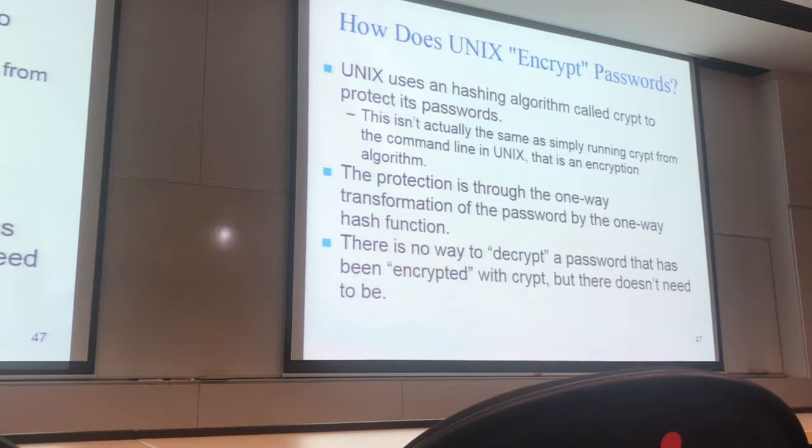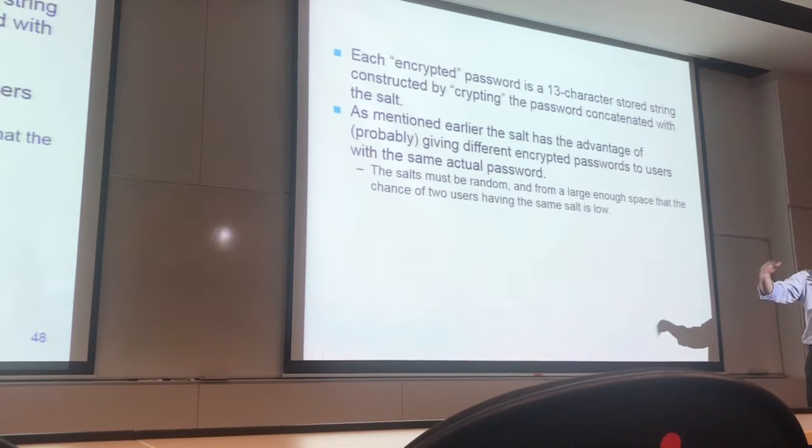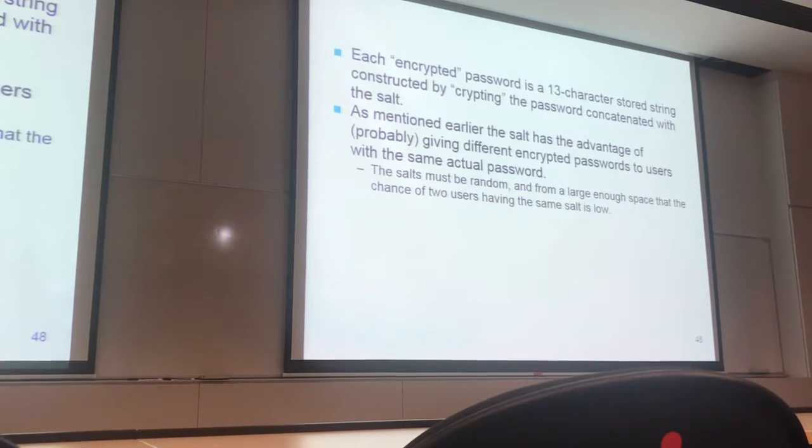If you use the old version of Unix, it will produce a hash output which contains 13 characters. The 13 characters also include the salt. The salt is at the beginning of the 13 characters, and then you have the hash value. No matter how long the password is, the hash produced by this function will have 13 characters.